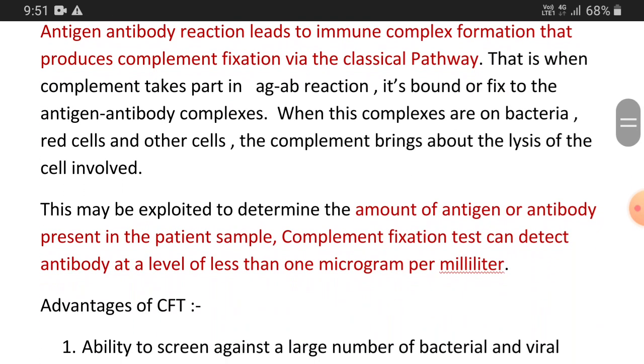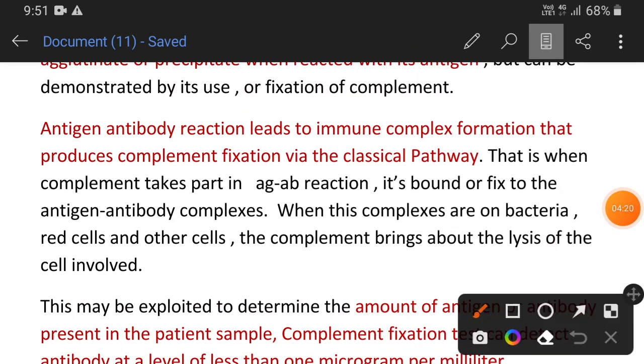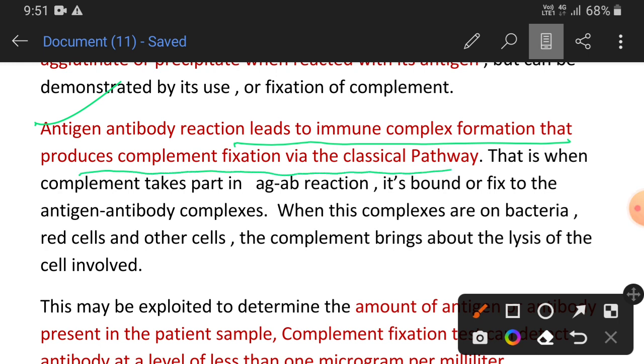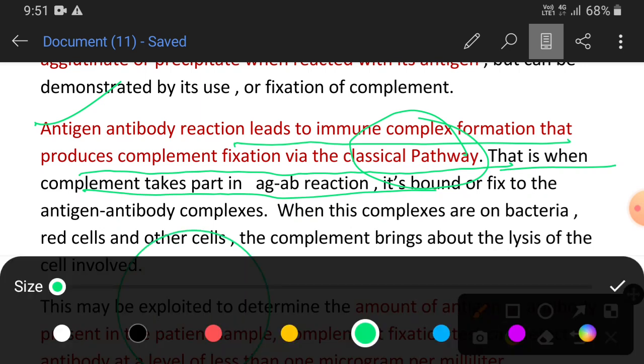So here, the things that are written, I have already explained: antigen antibody reaction leads to immune complex formation. It is nothing new. That produces complement fixation via the classical pathway, that is, when complement takes part in the antigen antibody reaction. Suppose it is a bacterial cell.